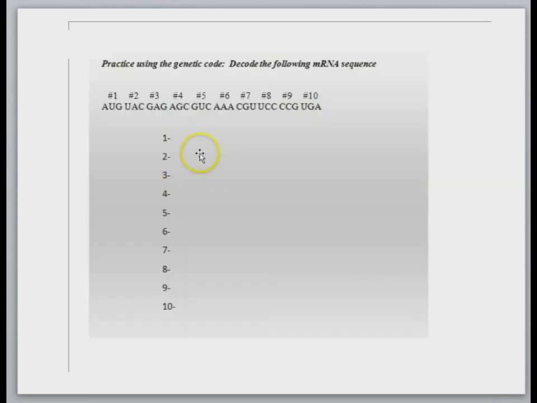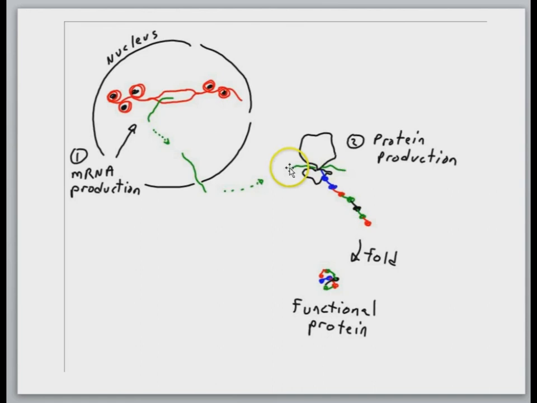So each messenger RNA will have a stop triplet at the end, and that tells the cell that the recipe is finished, and then the protein will detach from the factory, and then it will fold up. So there's a start to the message. The first three letters of the messenger RNA specify the first amino acid, and then the last three letters of the messenger RNA specify the last amino acid in the protein.